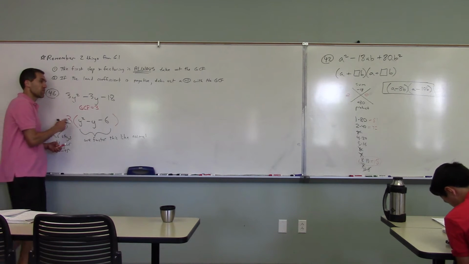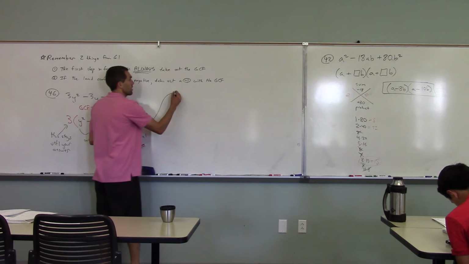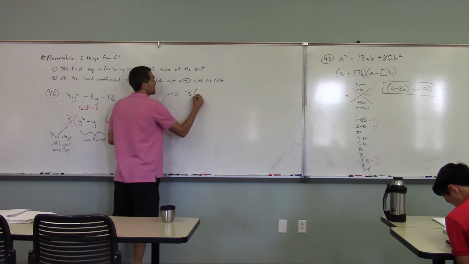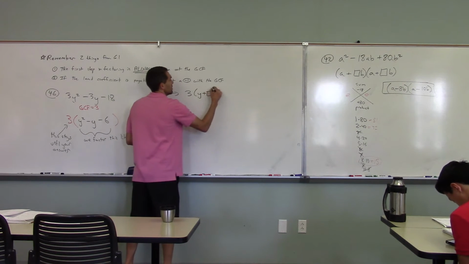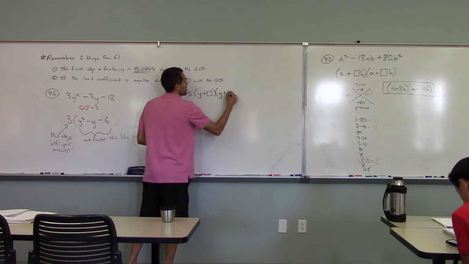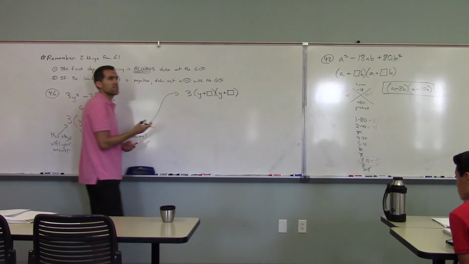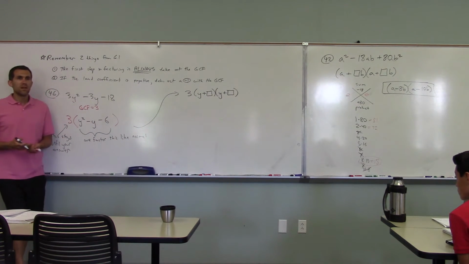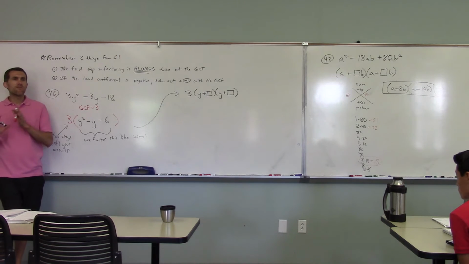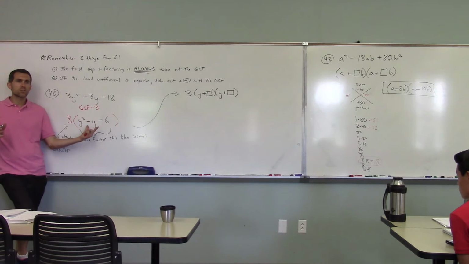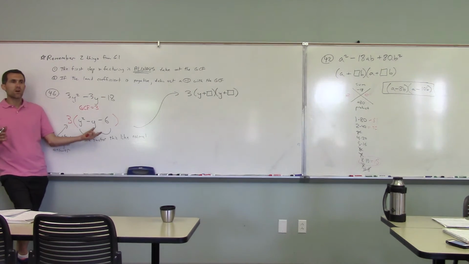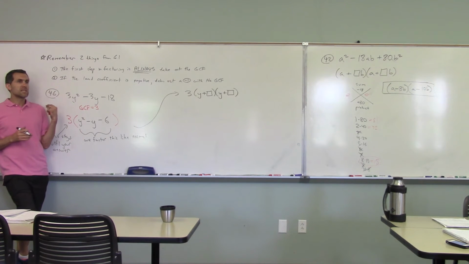And we're gonna leave the 3 there. So our general form now is 3 times (y plus a number)(y plus a number). So we took that GCF out first, and it's just there, right? It doesn't affect how we factor this inner thing. We're just looking at factoring the inner thing now. We already took that 3 out, and it stays there.